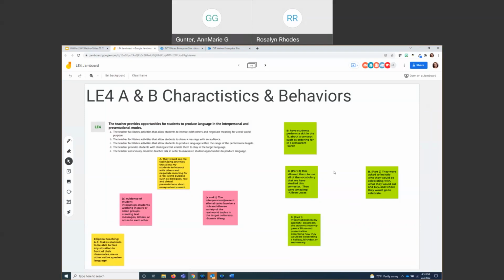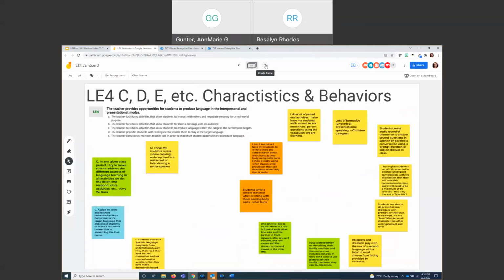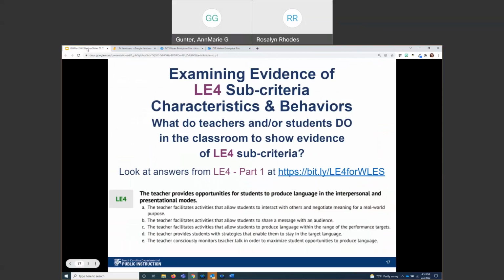There's several answers there for A, several for B. And if you slide over to the next part of the Jamboard up at the top, you can see that some people answered for C as well as D or E or just in general, and they didn't label anything with a particular subcriteria letter. But this is a resource we have for our thinking about LE4 in particular, so obviously for thinking about implementing our standards. So given our time, I'm going to go ahead and go to the next activity, but you stay on the Jamboard because we're going to get a chance to add to that.